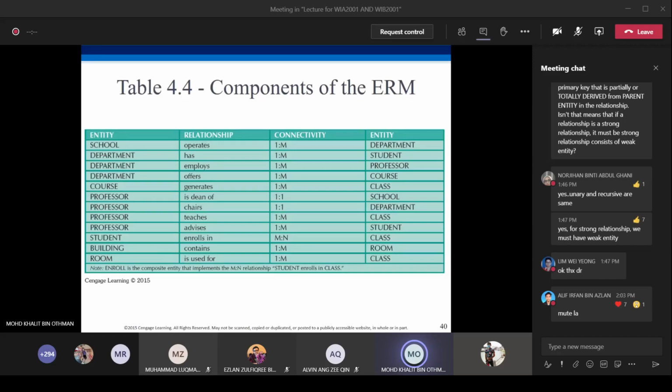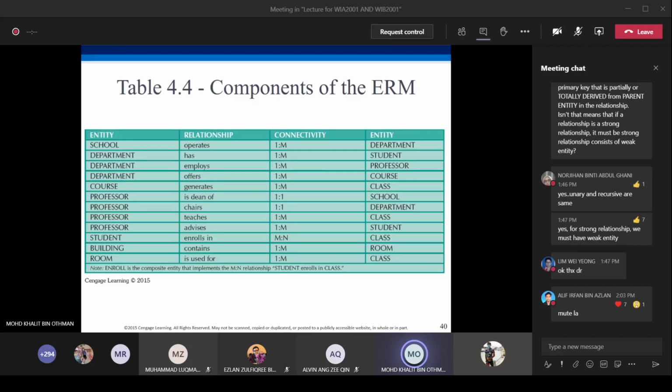Okay, and then also we have the connection, the relationship between each entity. Example, school operate department. The connectivity relationship is 1 to many. Department has student.